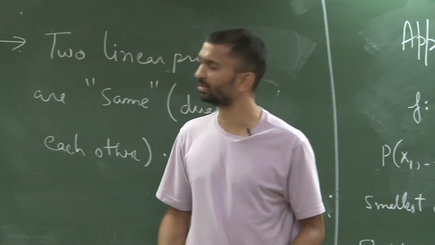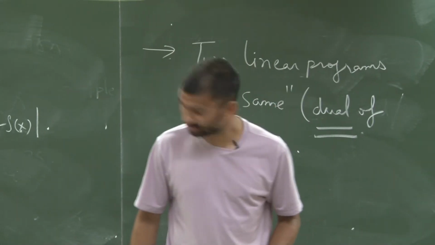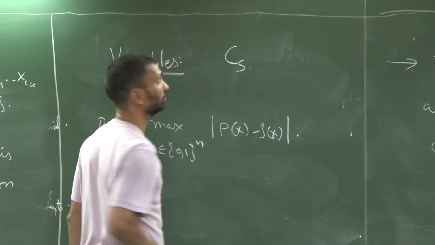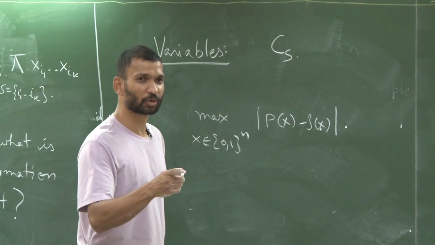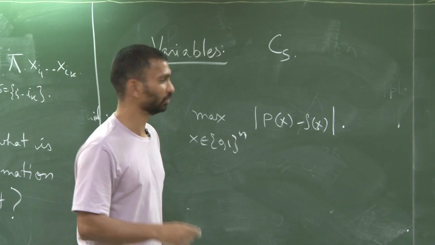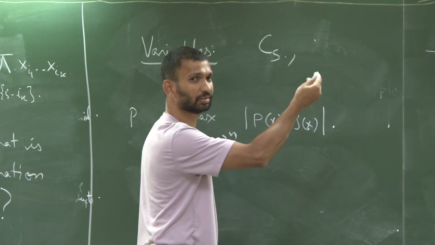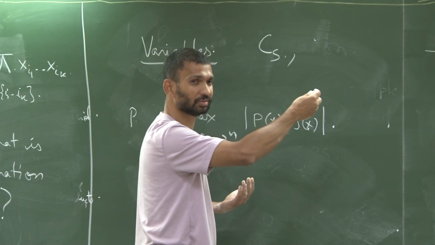So what should be the variables? The coefficients, the c_i. And the approximation bound. Have you seen the program before? No? Okay. Approximation bound, how do you want to represent it? Alpha.